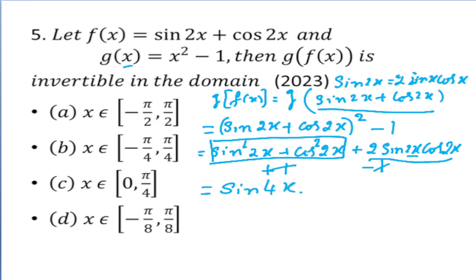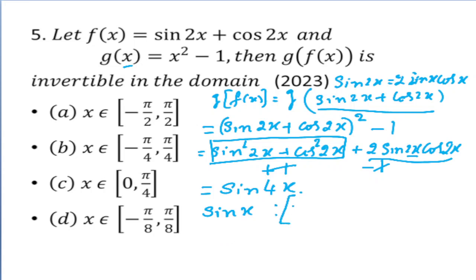Now friends, we got the composite function sine 4x. Now we need to find the domain for this function so that this function is invertible. To solve that, first we should know, if you have the function sine x, in what domain this function is invertible.